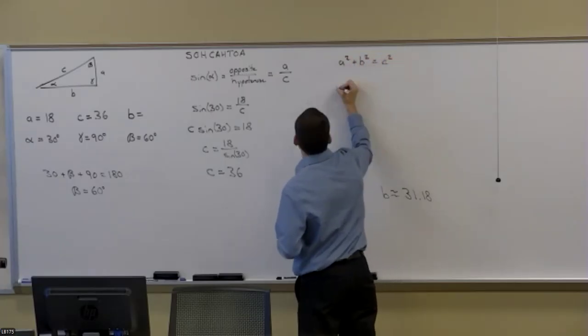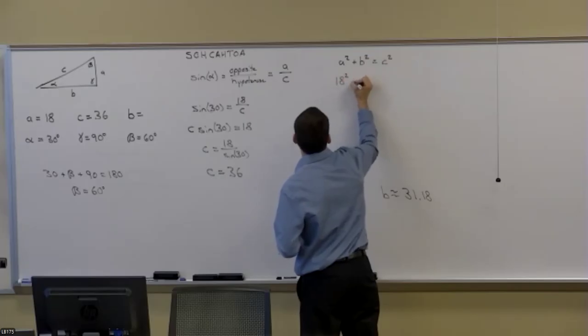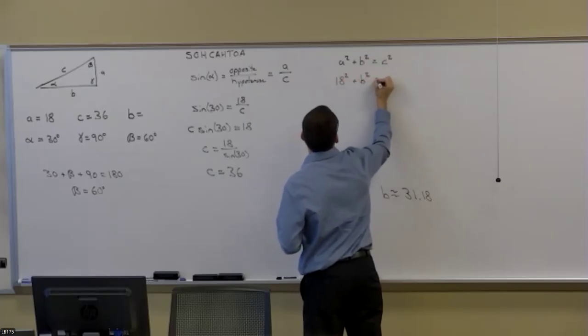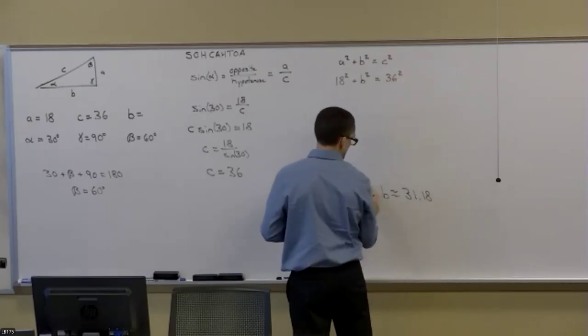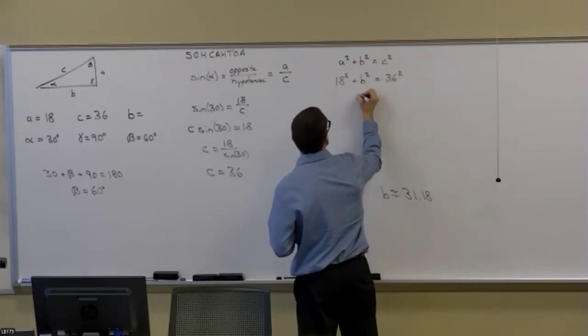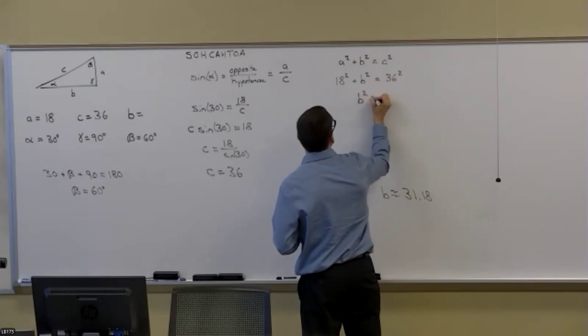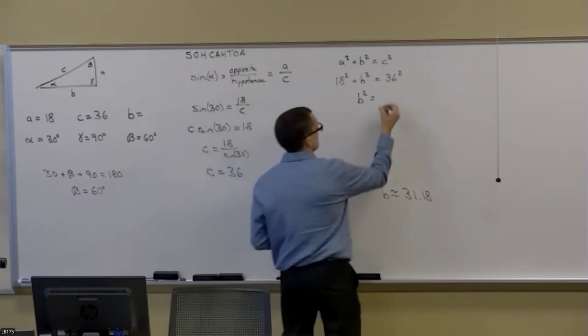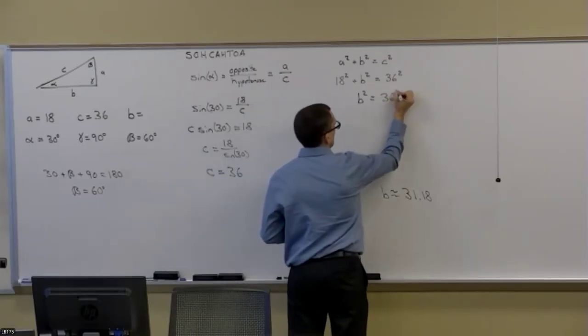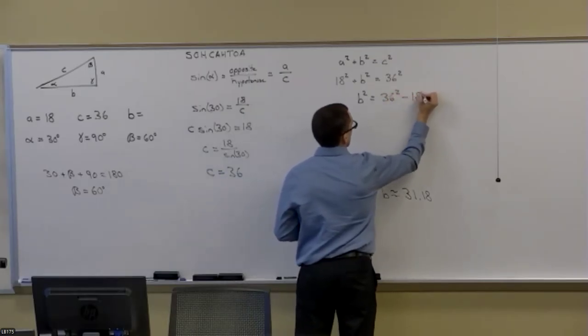If I know A is 18, and I know C is 36, B squared is gonna be whatever 36 squared minus 18 squared is.